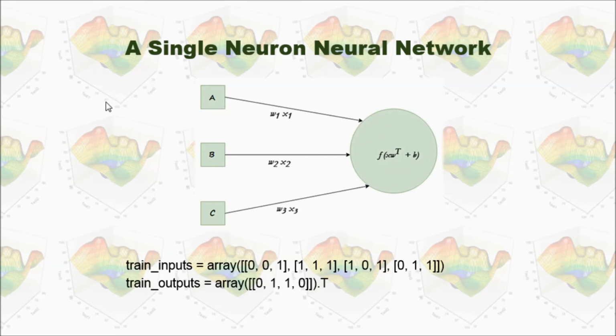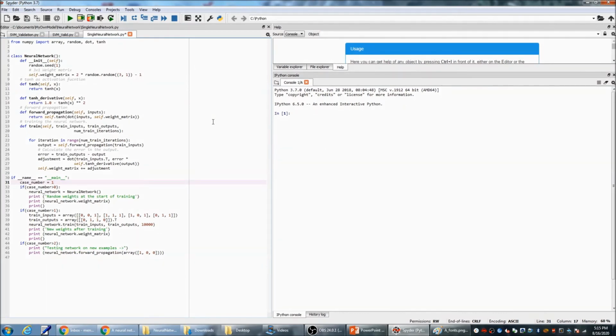Okay, now let's take a look at the Python program. In this example, for the activation function, I'm going to use tanh. And you can see this is my training function here. And at the very beginning, I'm going to assign some random number as the initial weight.